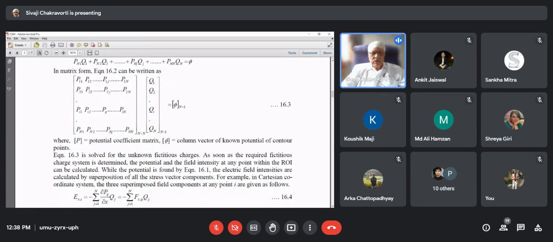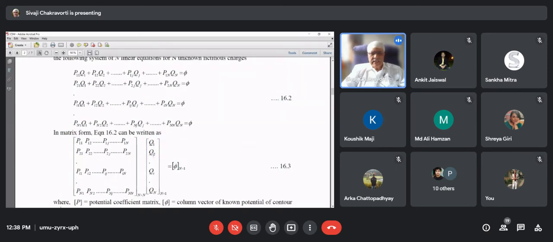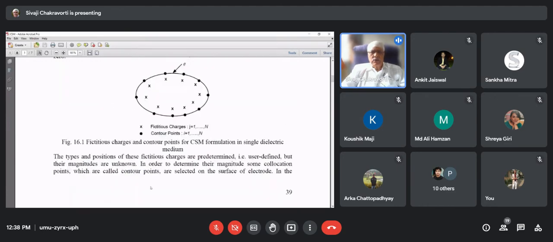Now the next logical question is, well, fine, we have solved this and I have got the charges. And the next beautiful thing is that once I know Q1, Q2, Qn, etc. Now going back to this, the potential at any point is definitely created by the actual charges on the surface. But now we have simulated the effect of the actual charges by a number of fictitious charges.